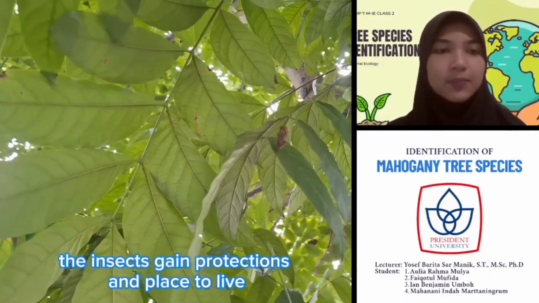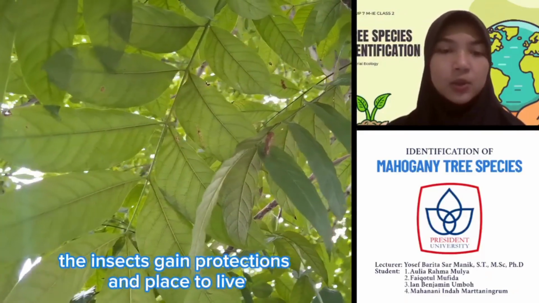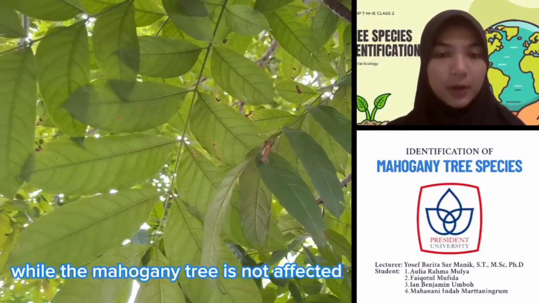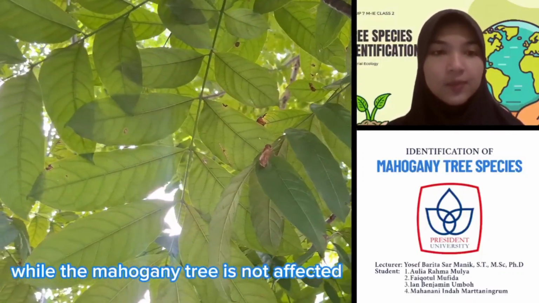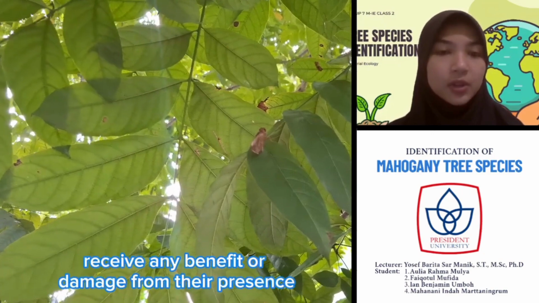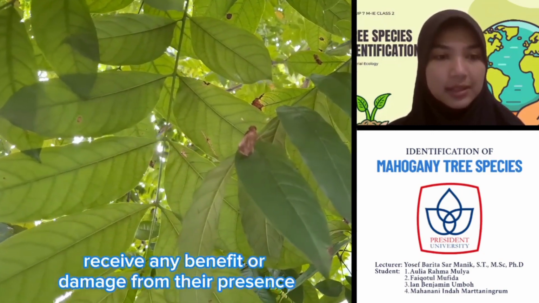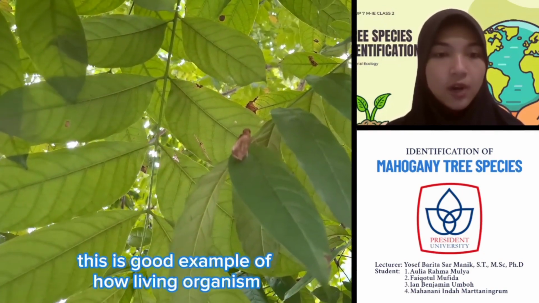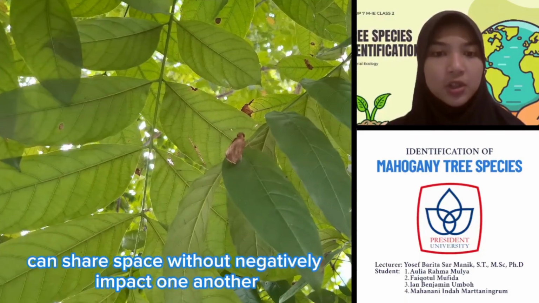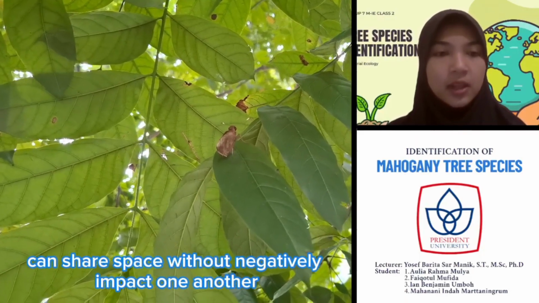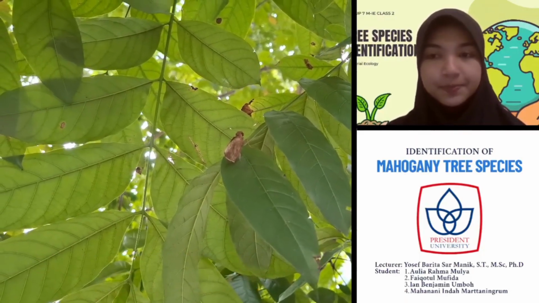The insects gain protection and a place to live while the mahogany tree is not affected. It doesn't receive any benefit or damage from their presence. This is a good example of how living organisms can share space without negatively impacting one another.